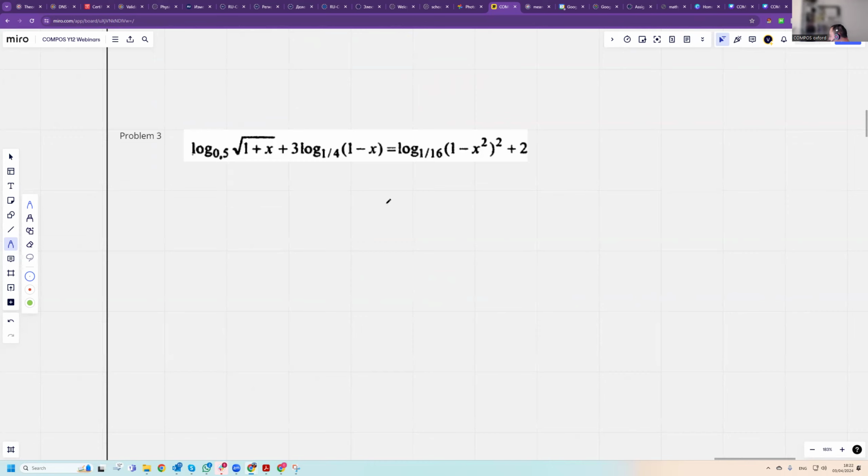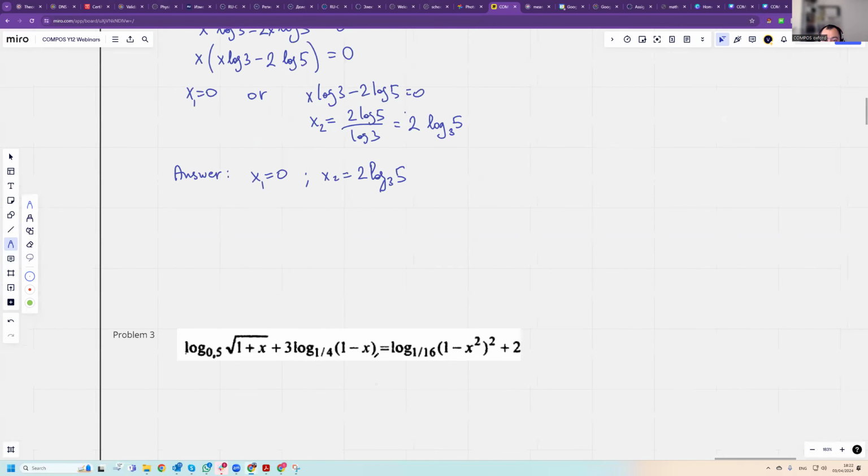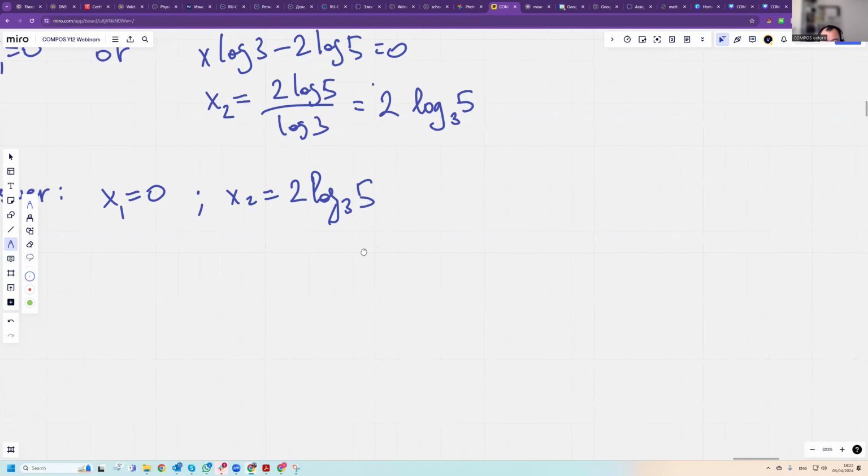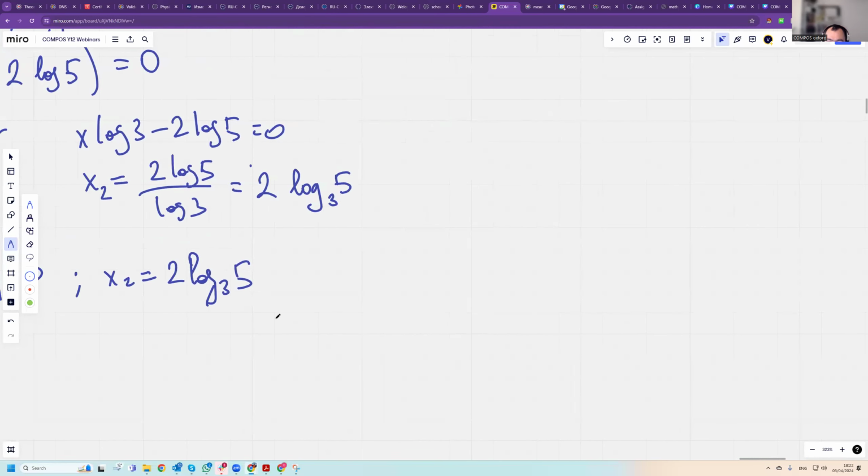Okay, things are getting serious. What should we do here? Oh, how did I go to log in base 3? Well, there's a formula, the change of base formula.